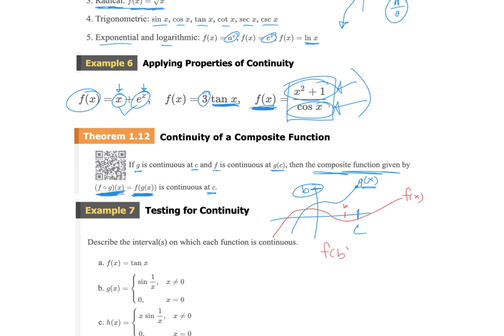And it's continuous at f of b. That means it's continuous. Just to match the notation, b equals g of c, so I just substituted b into that function. So this function is being evaluated and is continuous here at f of b.